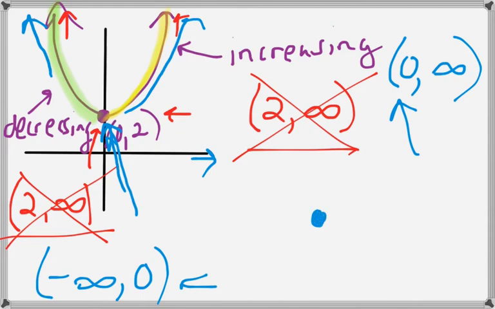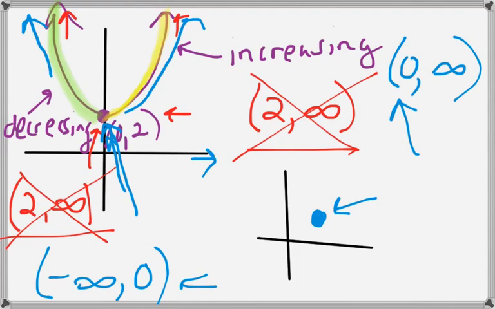If I have a graph and I just look at one point, the graph isn't going anywhere. If I'm staying at this one single point, the graph isn't going from left to right, so we can't talk about whether it's increasing or decreasing at a certain point. So if we include the endpoint, we're saying that at a specific point it's increasing or decreasing, but that doesn't make any sense.